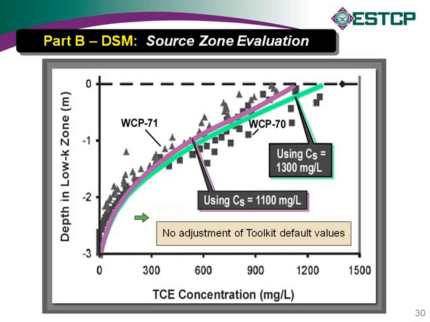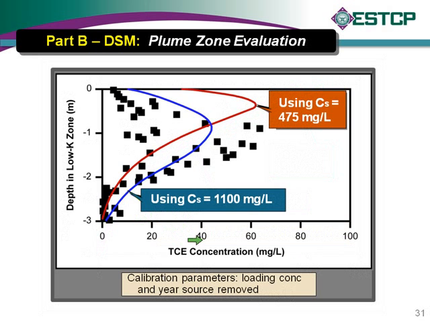Let's go out to the edge of the plume, after they've isolated that source, and you get these different curves here. Squares are their actual data. Once again, on the y-axis we're plotting the depth in the low-K zone, and on the x-axis the TCE concentration in milligrams per liter. The orange line uses a starting concentration of 475 milligrams per liter.